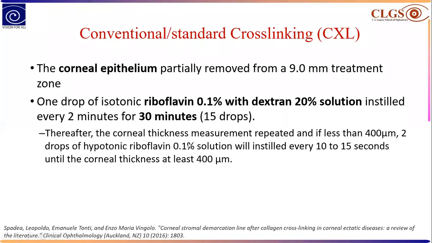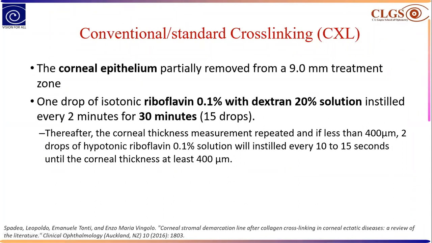And there is one small process after that. Once the 30 minutes are over, the corneal thickness measurement is repeated, and if less than 400 micrometer, 2 drops of hypotonic riboflavin 0.1% solution will be instilled every 10 to 15 seconds until the corneal thickness becomes 400 micrometer.